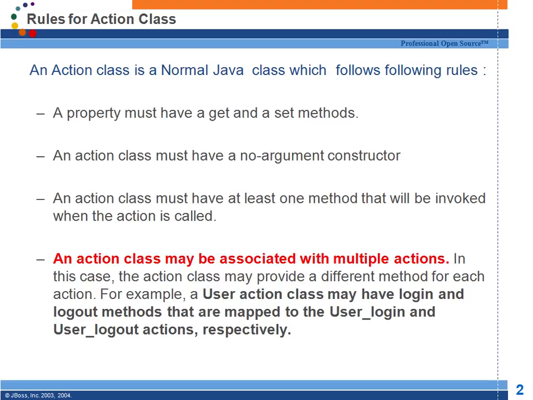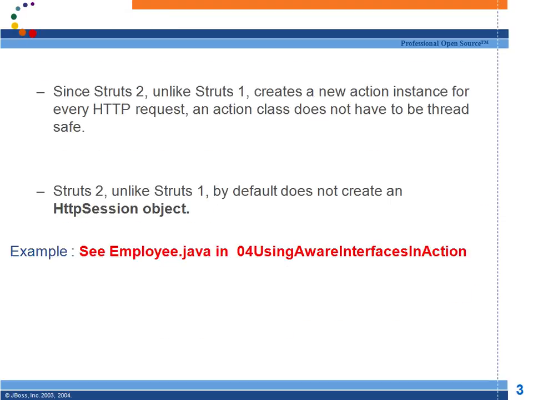In this case, the action class may provide different methods. For example, a user action class may have login and logout methods that are mapped to the user_login action and user_logout action. Since Struts2, unlike Struts1, creates a new action instance for every HTTP request, the action class does not have to be thread safe.